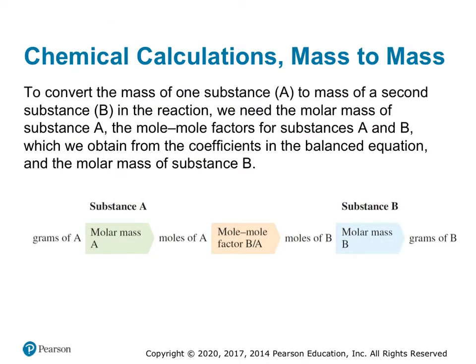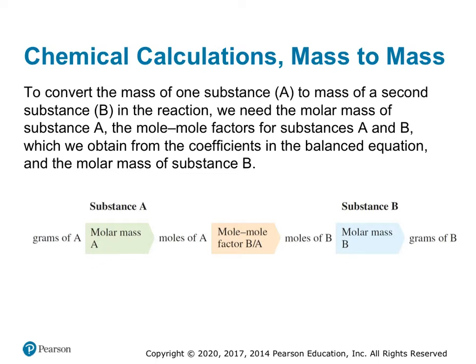Yesterday we talked about using mole to mole factors, or mole to mole ratios, for converting moles of substance A to moles of substance B. And so that's really the new part of this section. We're going to go back to chapter 7 and talk about getting grams of substance A to moles of substance A using molar mass.